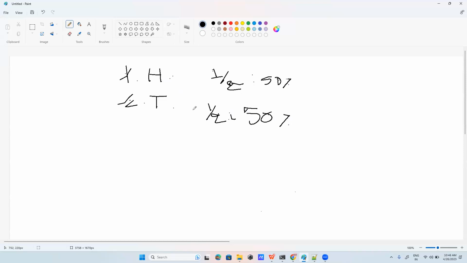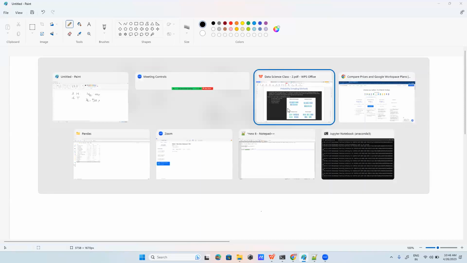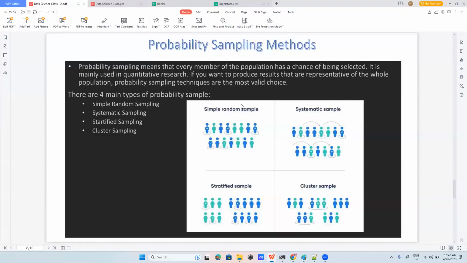From tomorrow I'll make it work properly. So the chances of winning for heads and tails are 50%. Here our assumption is to provide the chance of winning to each and every person, to collect accurate or actual data, so we provide the maximum probability.